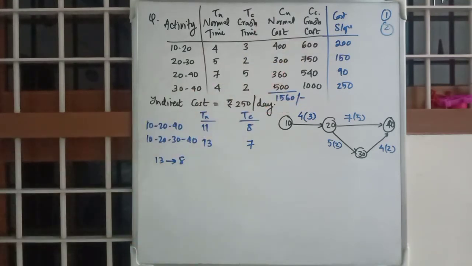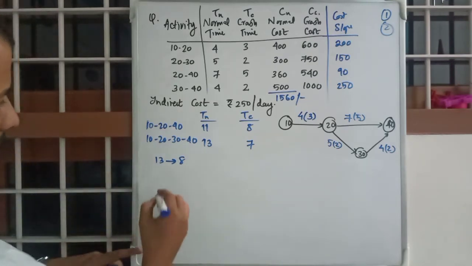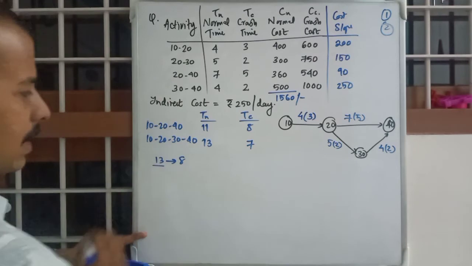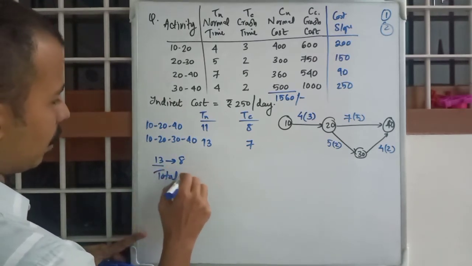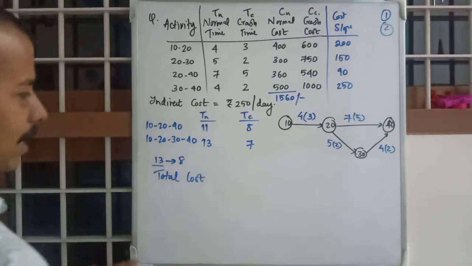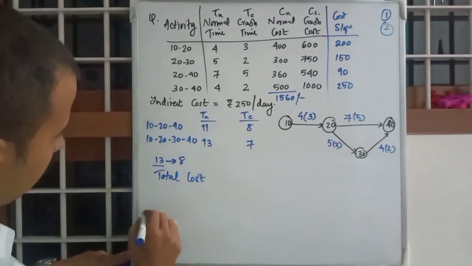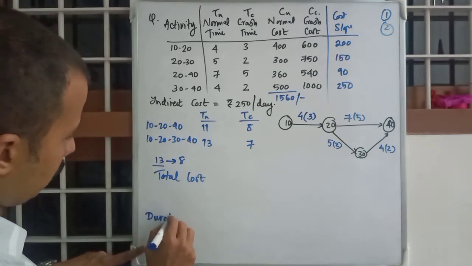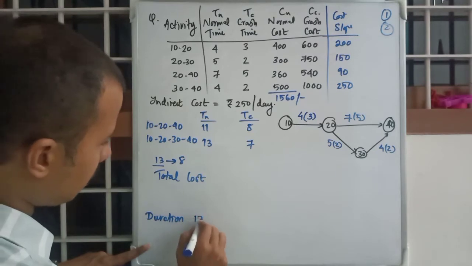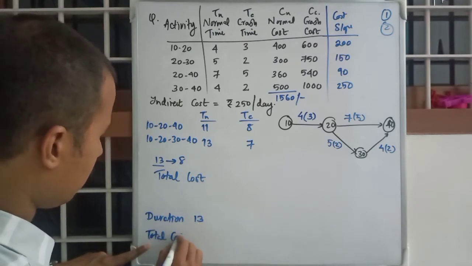So the second step was calculation of total cost and total duration. Right now the duration is 13 days, and what is the total cost? Corresponding to 13 days, we will write here: duration 13 days, total cost.